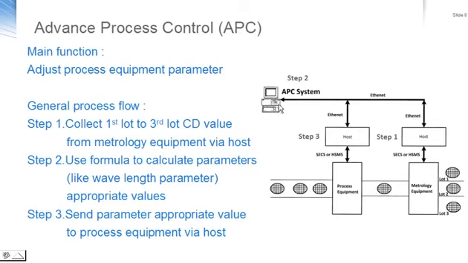Okay, step 2: use a formula to calculate the appropriate value for the parameter, like the wavelength parameter. So it will calculate, for example, the mean value. The mean value is the mean of lot 1, lot 2, and lot 3.